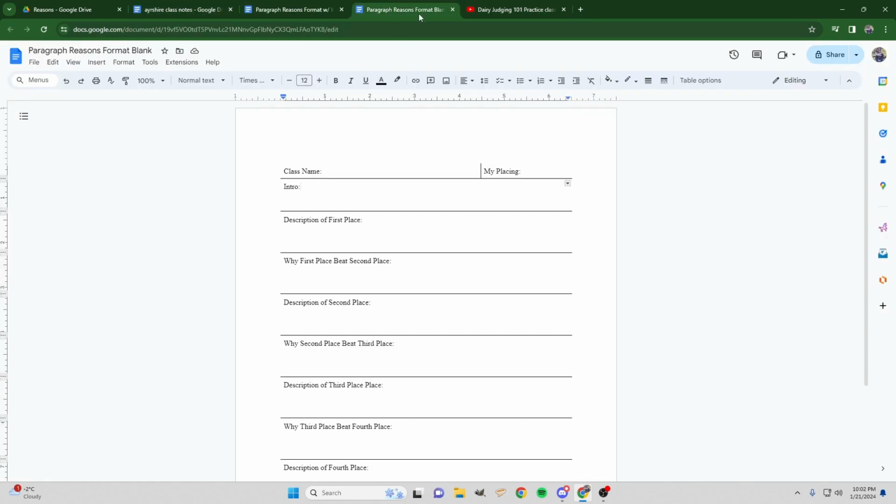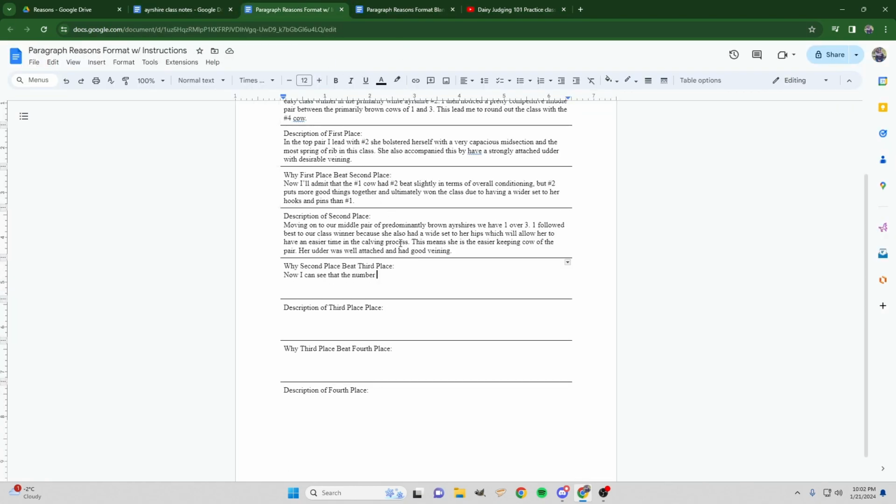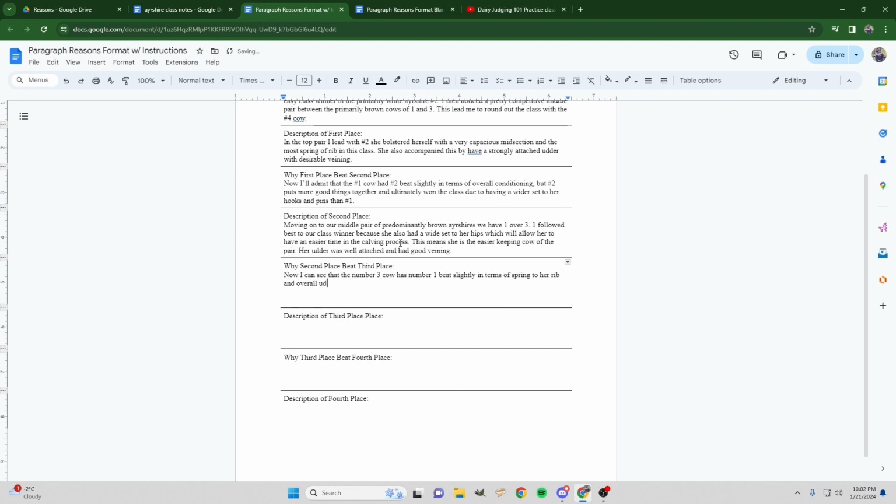Okay, it's not by a big margin. I can see that the number 3 cow has number 1 beat slightly in terms of spring to her rib and overall udder capacity.